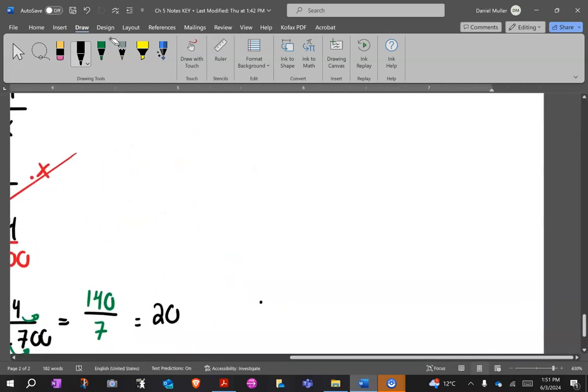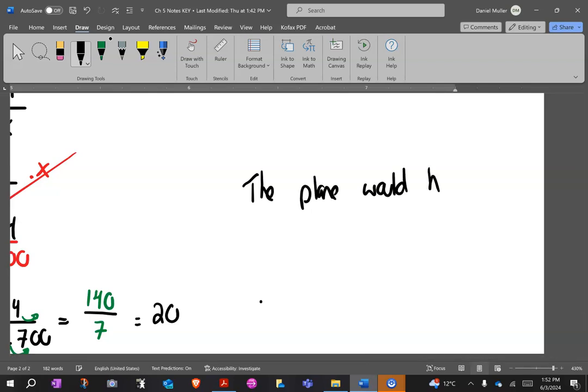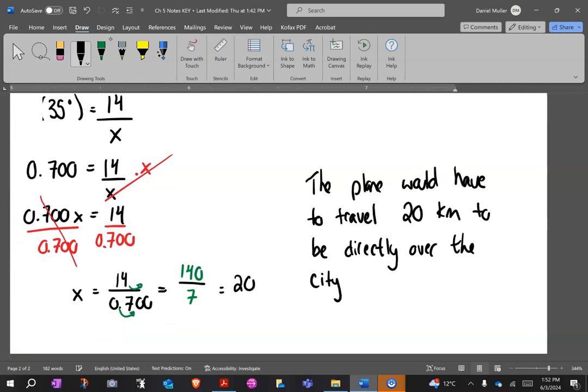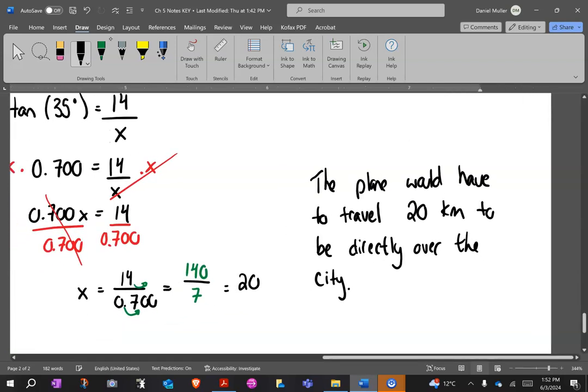So we can just say the plane would have to travel 20 kilometers to be directly over the city. And there we have it.